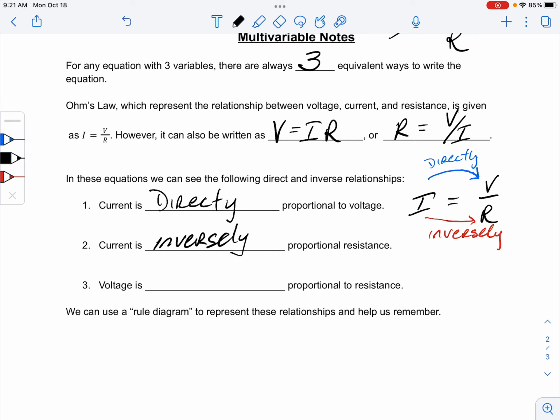Now, if we want to find voltage and resistance, which is our last one here, so this is saying voltage is somehow proportional to resistance, I just need to pick any equation where they're on opposite sides. So we could use this one, V equals IR. So voltage and resistance are on opposite sides. They're both on the top. So this means they are directly proportional.